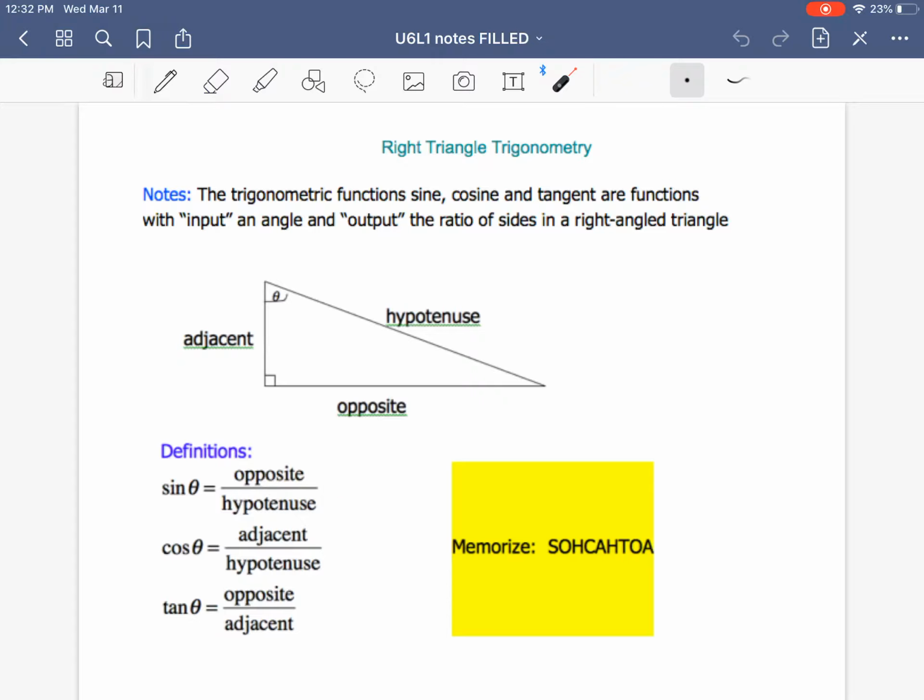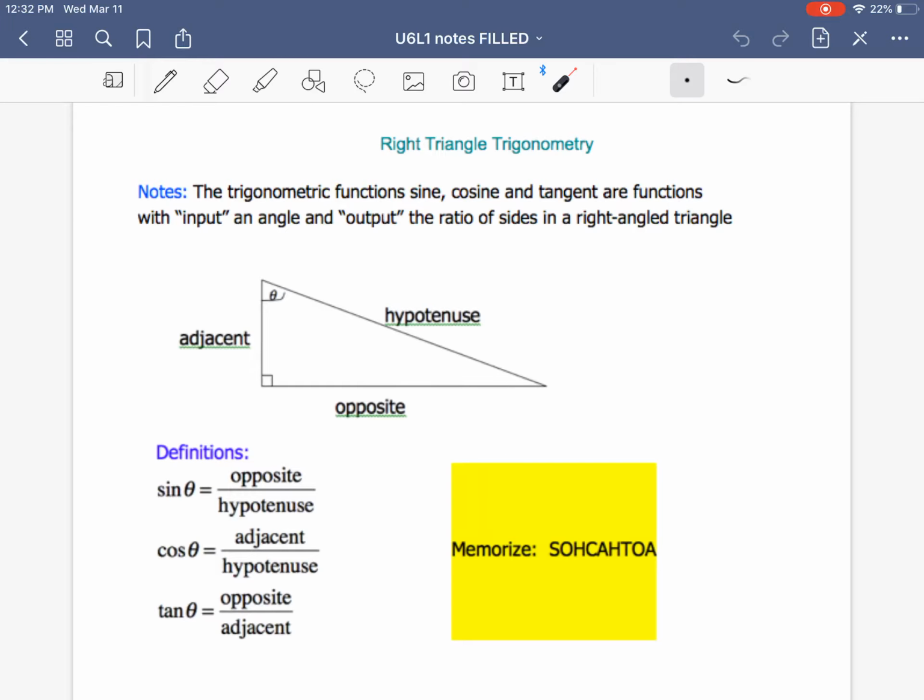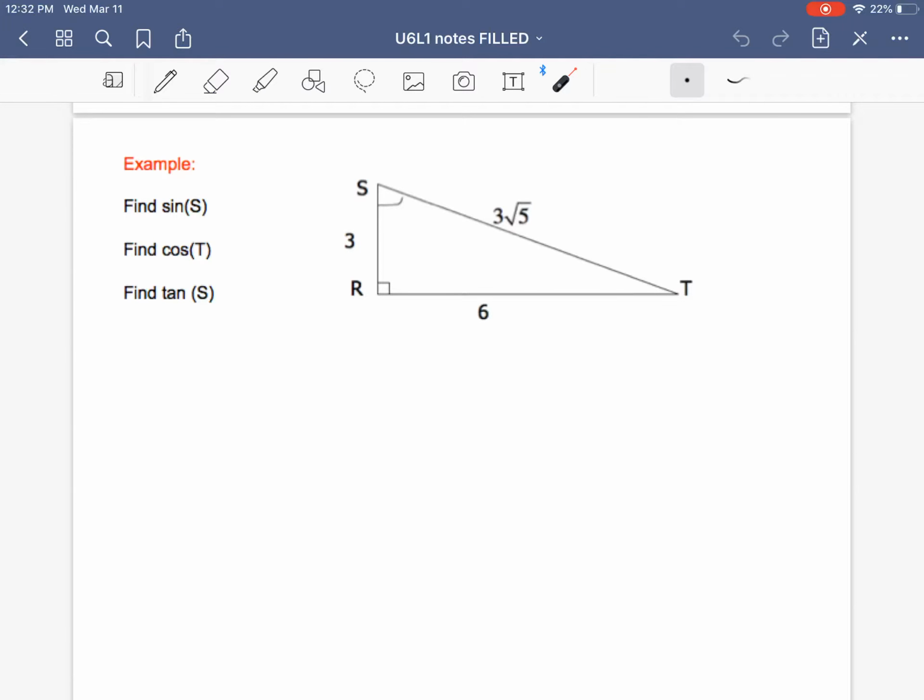The CAH part says that cosine is equal to the adjacent over the hypotenuse. And the TOA part says that tangent is equal to the opposite over adjacent. These are just definitions that you have to know. Nothing really crazy to talk about with that. They're just defined functions, really.